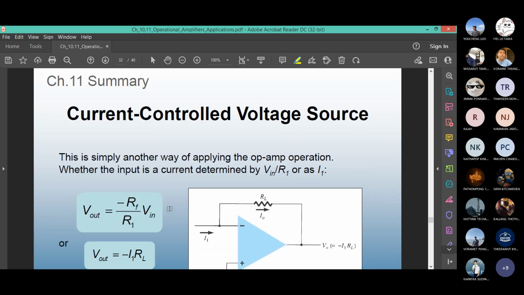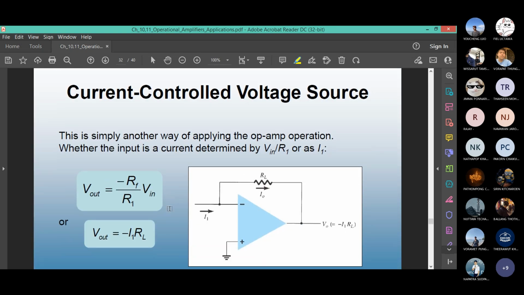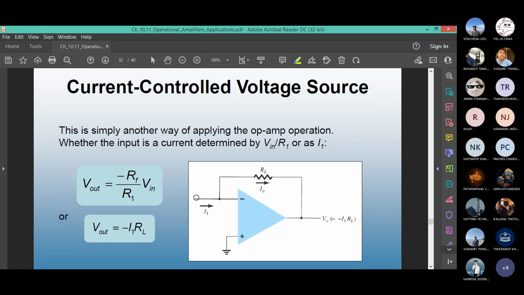And then you have what else? Current controlled voltage source. Anything left of the I1 is hidden, but actually there's a resistor R1 over there and input voltage V1. But since now you are forced to think in terms of input current, we call it the input current I1 coming in.